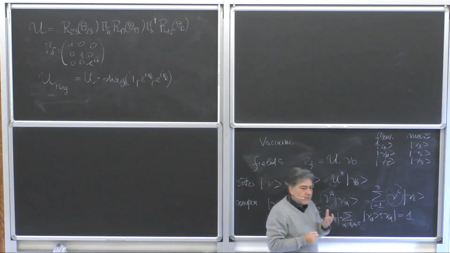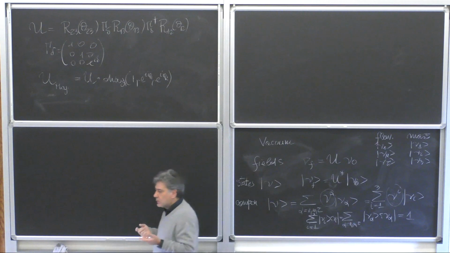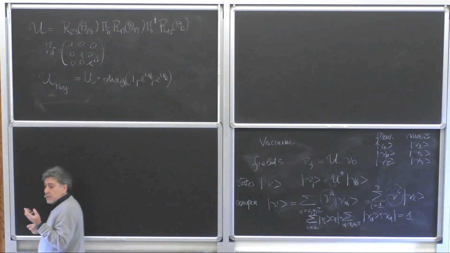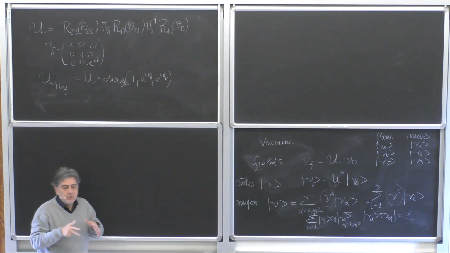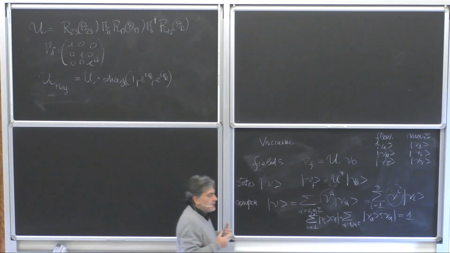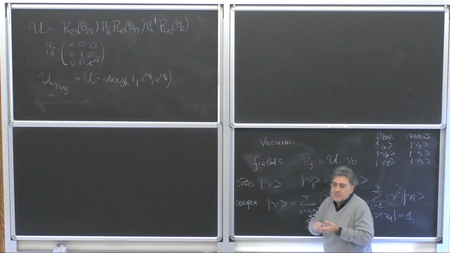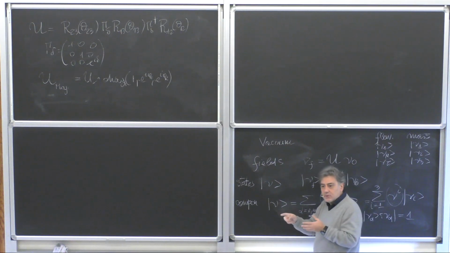So a flavor eigenstate is produced by an interaction. But a flavor eigenstate is a superposition of mass eigenstates, and the mass eigenstates are the states that have definite free momentum or velocity.